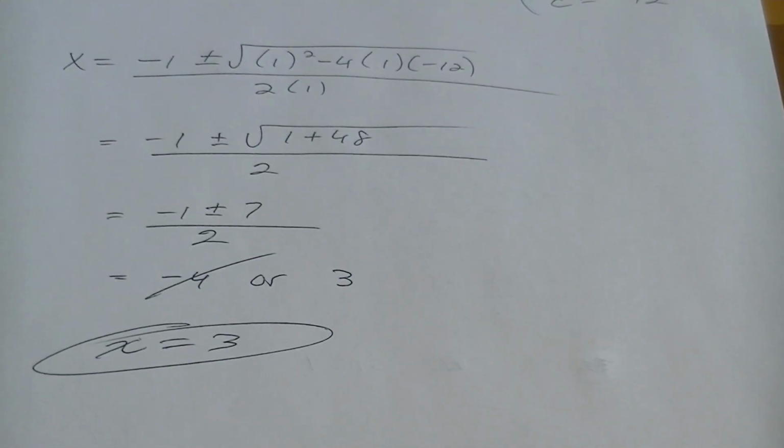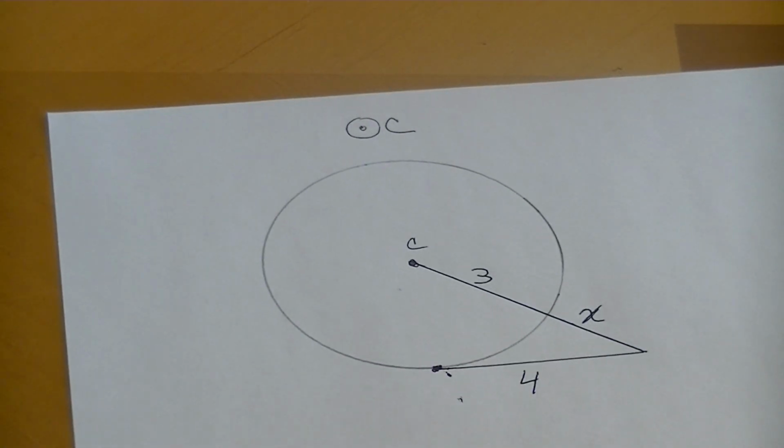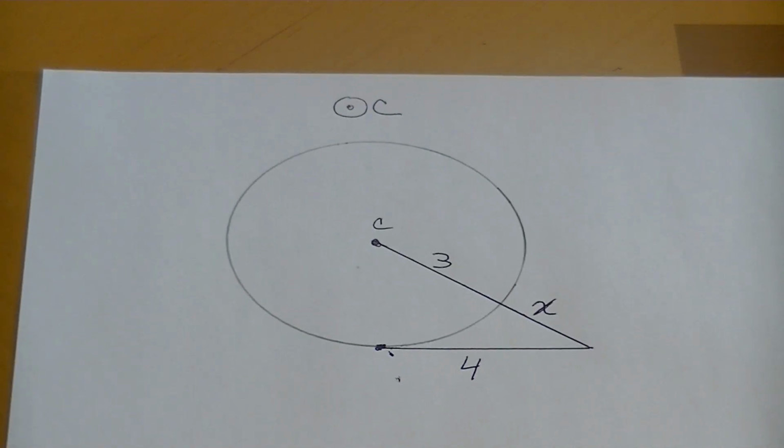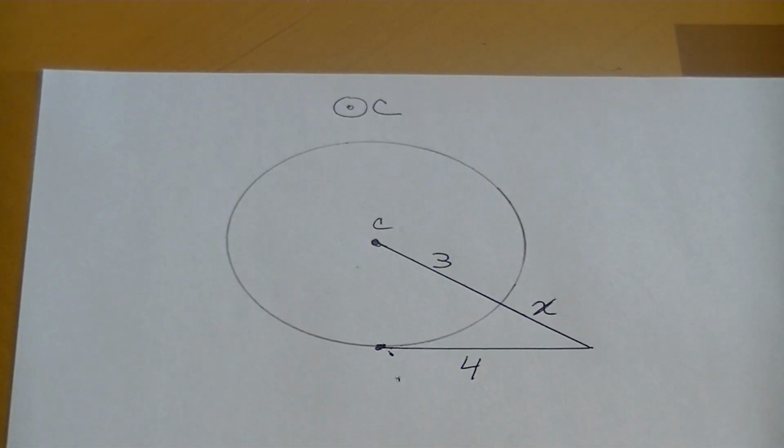Okay, last thing I want you to try. This is circle C. This is the center of the circle. And I want to know what x is. So why don't you hit pause there and see what you get. All right.